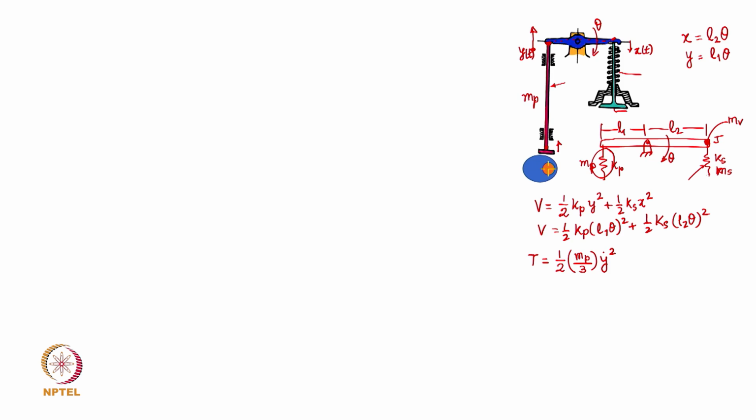That is the effective contribution of the push rod, okay, to the kinetic energy. We have seen that if the spring and mass is there, if mass of the springs is to be accounted for, its contribution to the kinetic energy will be 1/3 of its mass.